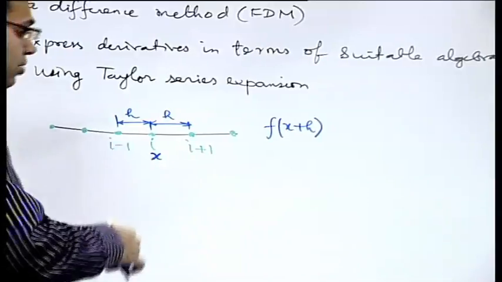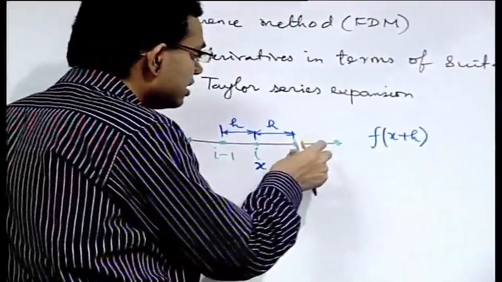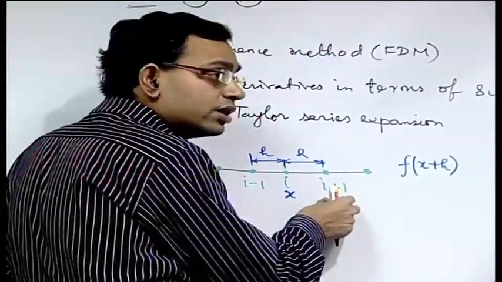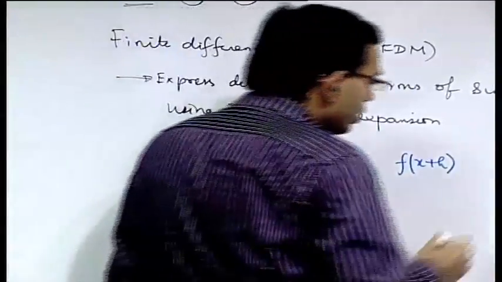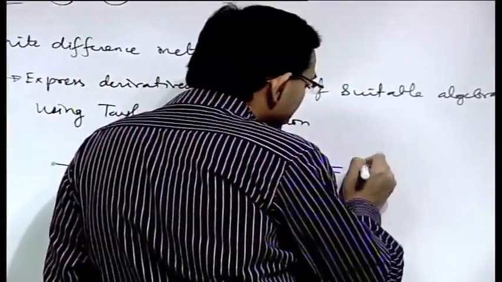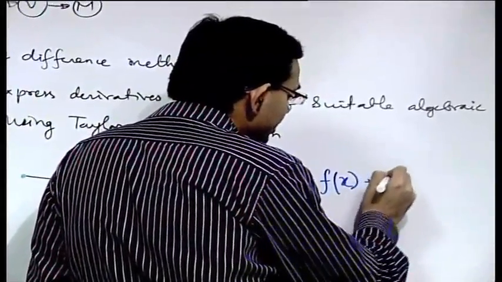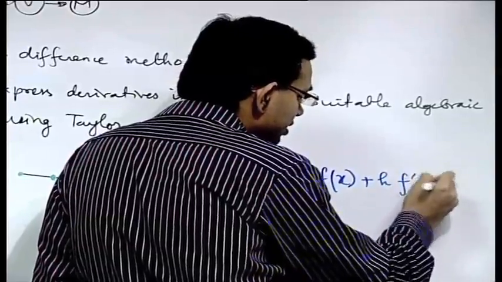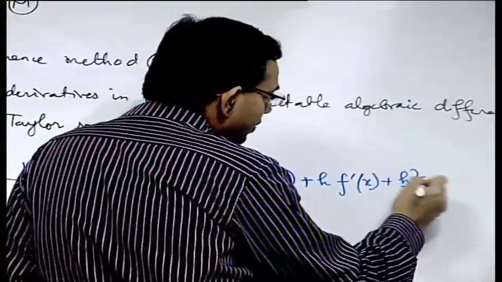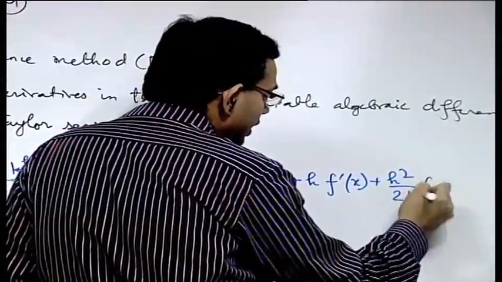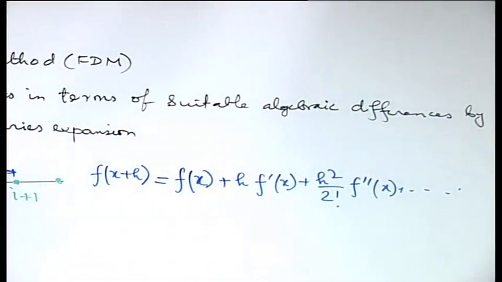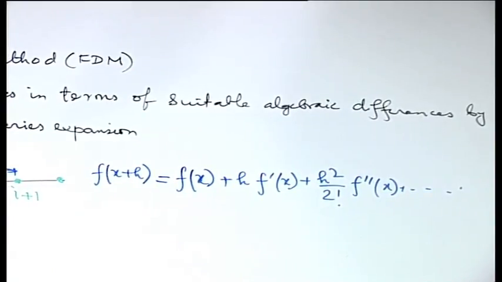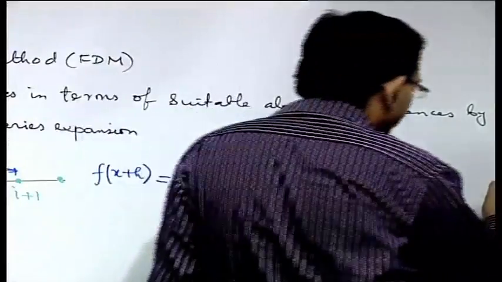That is, we are interested to express the value of the variable at I plus 1 grid point in terms of the variable at I grid point. So f x plus h is equal to f x plus h f dash x plus h square by factorial 2 f double dash x, and so on. This is the Taylor series expansion. So let us say this is equation number 1.